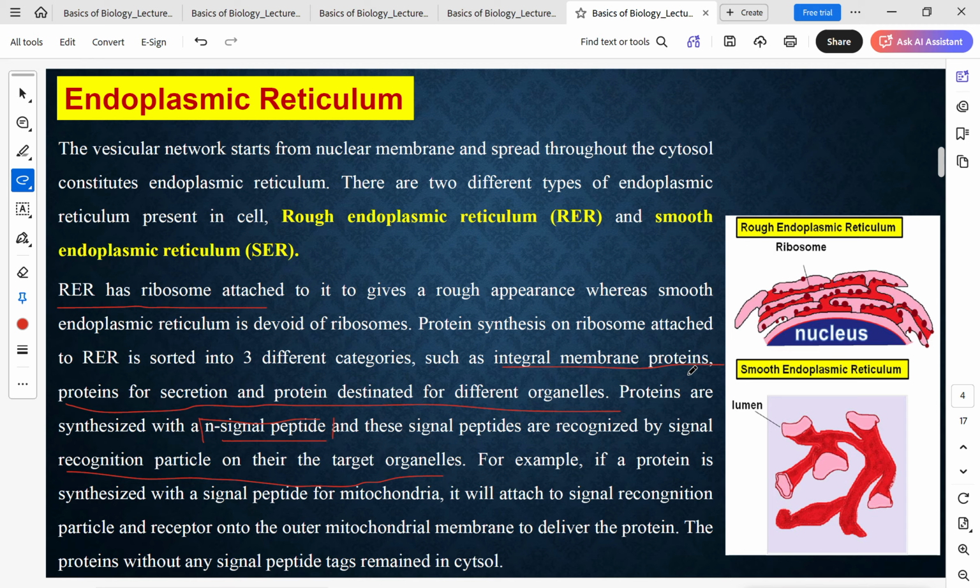If the endoplasmic reticulum is making something for the mitochondria, then it will have an N signal peptide specific for mitochondria. There will be some post processing to this protein after it's synthesized at the RER, but still the tag remains. If there is no N signal peptide, then the protein remains in the cytosol.